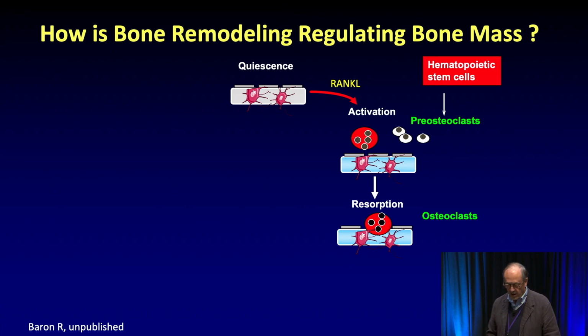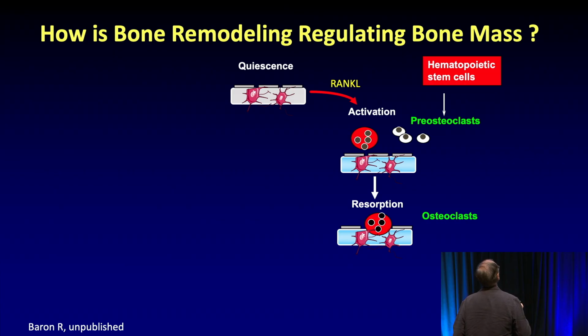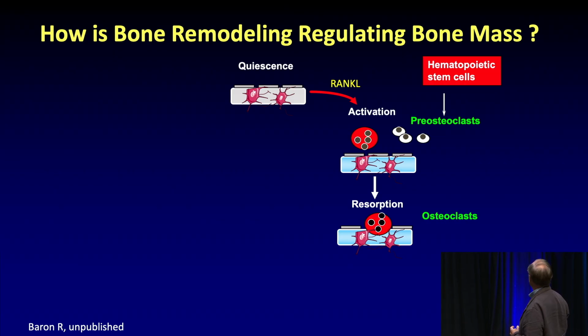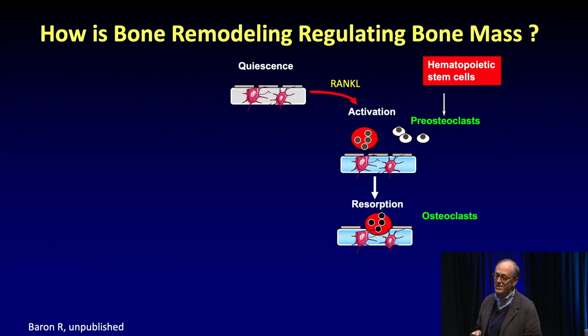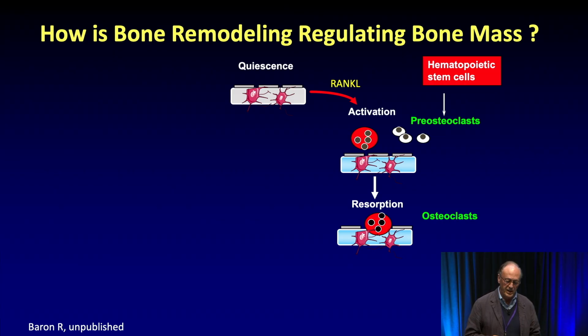The way I like to present that is to emphasize the fact that these activities are cyclic. And in a way, maybe the simplest way to describe that is to say that we are dealing with two cellular lineages. One is the hematopoietic lineage that leads to the formation of pre-osteoclast and osteoclast within the monocyte macrophage lineage of the marrow.